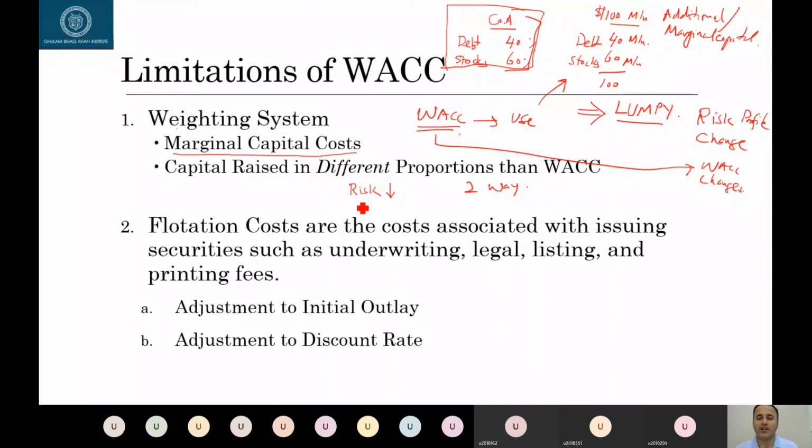So I'm sorry if I'm making it a little bit confusing for you, okay? If the marginal capital changes the risk profile, okay, and as a result, the risk goes down, it means the new WACC should also go down, okay? If I do not make this adjustment, what will happen? If no adjustment is made. No adjustment.